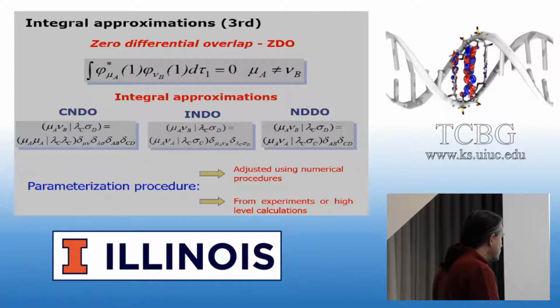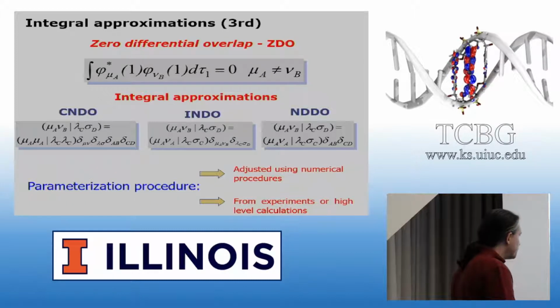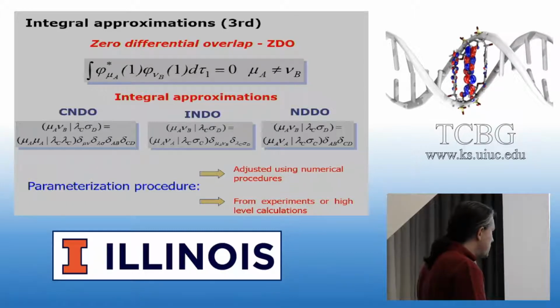There are two options for the parametrization procedure: you adjust by using a numerical procedure, or you take these parameters from experiments or high-level calculations.